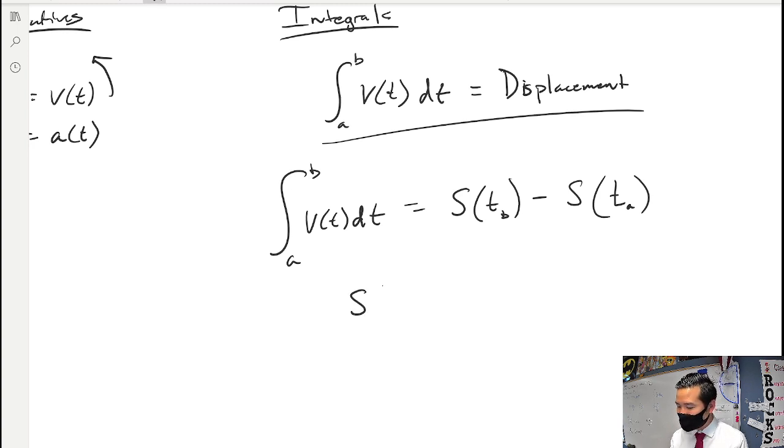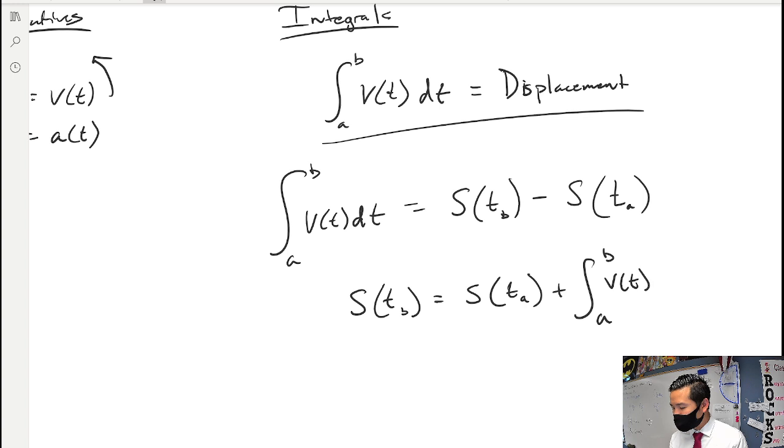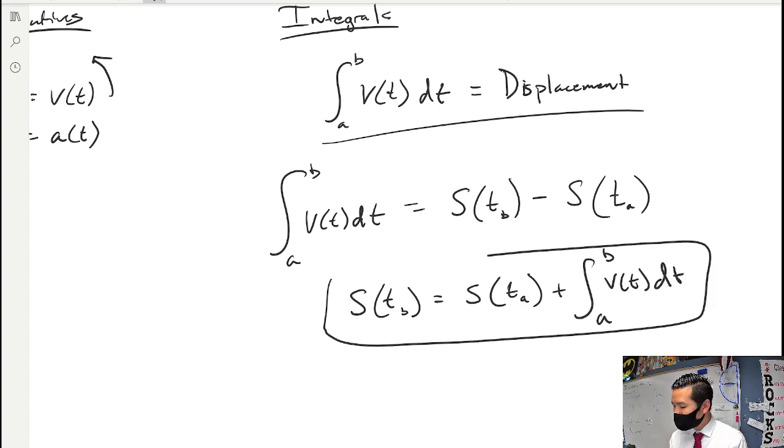It would be S of B is equal to the position of where they start plus the integral from A to B of V of t dt. This one right here tells you the position at B. Does that make sense?